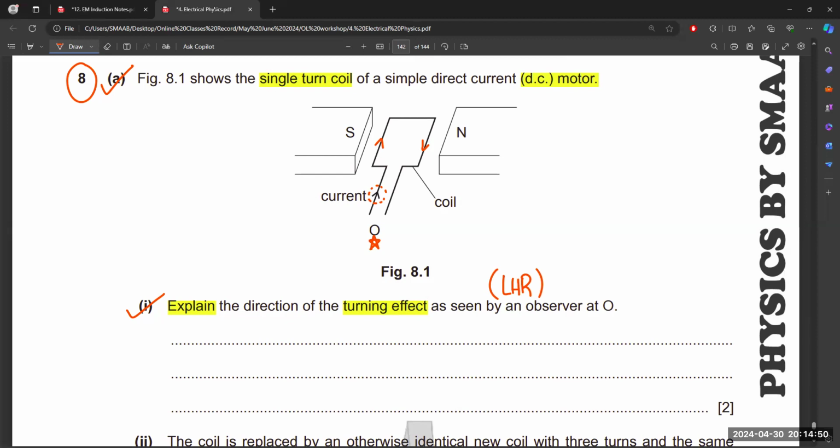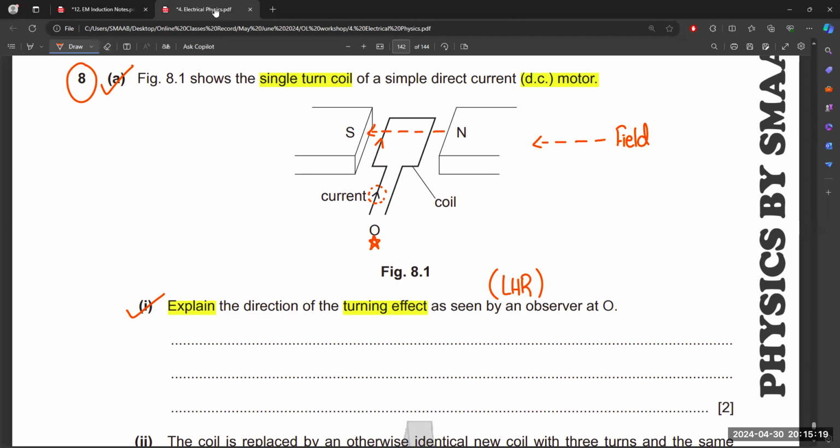So according to the left hand rule, magnetic field is moving from right to left, and current is like outward or inward. It's up to you. If we choose the left hand side, magnetic field is moving from north to south, from right to left. Current is moving into the paper.